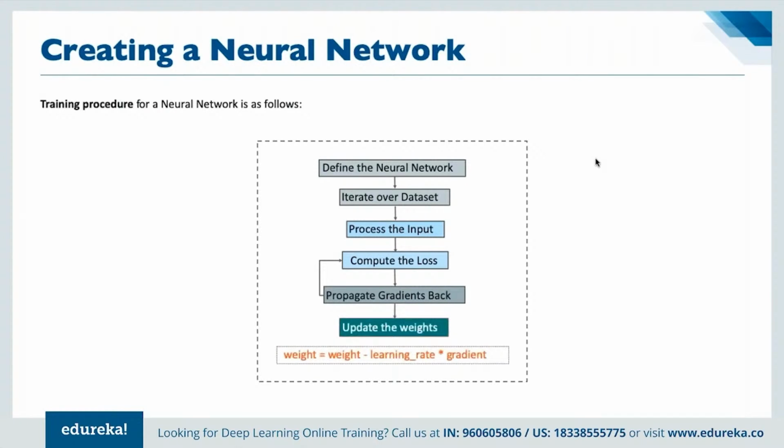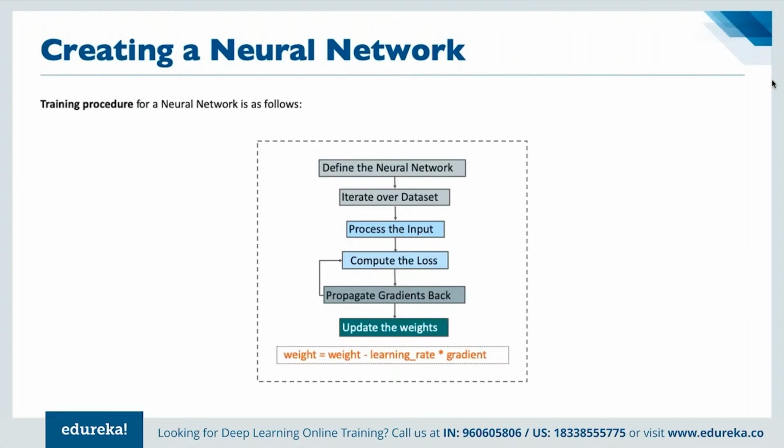At last, we update the weights altogether. For updating a weight, we simply define weight minus learning rate multiplied by the gradient that we have, when we propagate the gradients back as part of the entire process of creating the neural network.